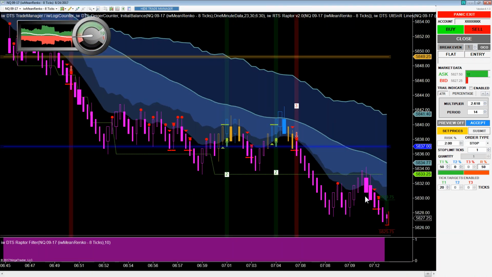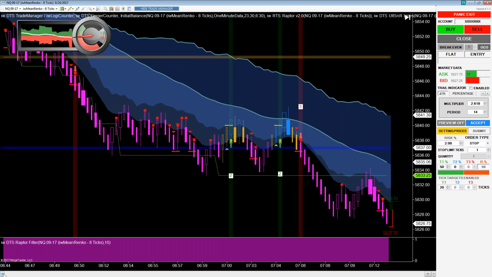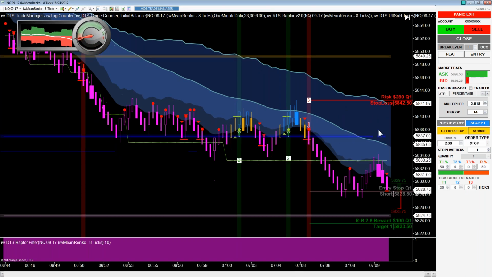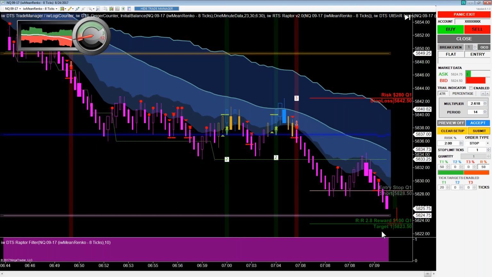So here's, again, one of these secondary signals. Do I take it? Well, it doesn't qualify as a high probability signal, but we have a very strong downtrend, so maybe I'll give it a shot. We always want to, so long as we can afford the trade, it's usually okay to take it.